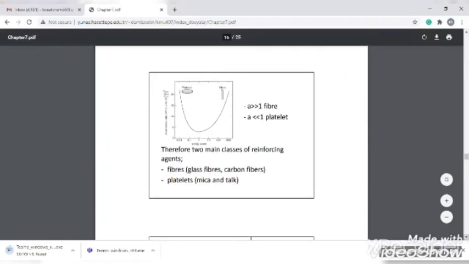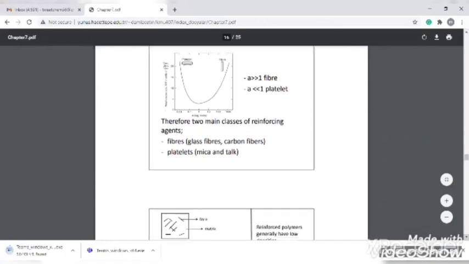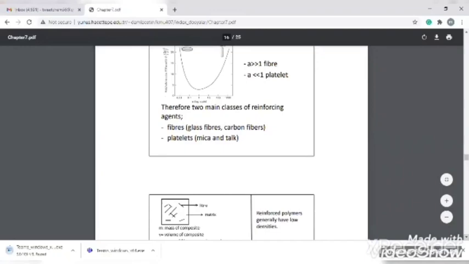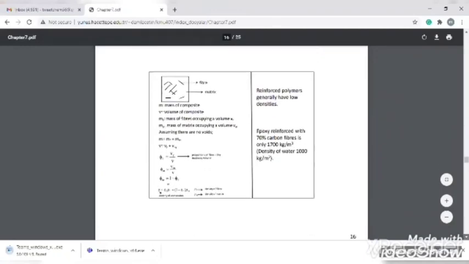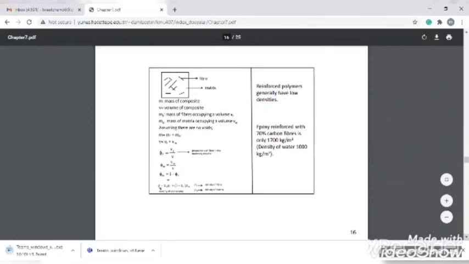Here A should be greater than 1, then these are fibers, and if smaller than 1, then these are platelets. Therefore, the two main classes of reinforcement agent are fibers, glass fiber and carbon fibers, and platelets, mica and glass. But is the fiber in the matrix? Mass volume: mf is basically the mass of the fiber, and mm is the mass of the matrix.